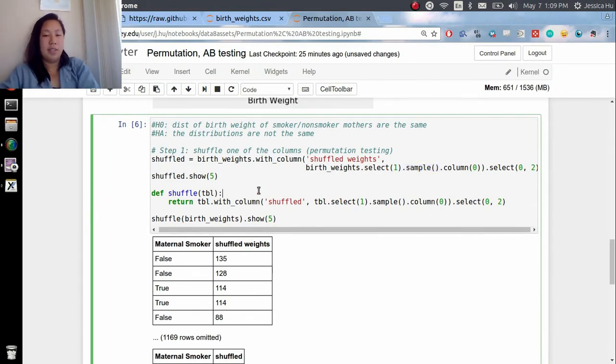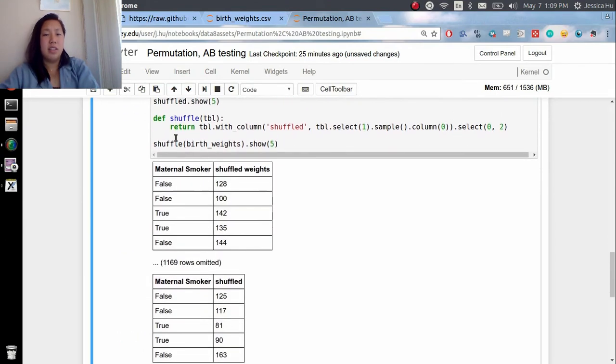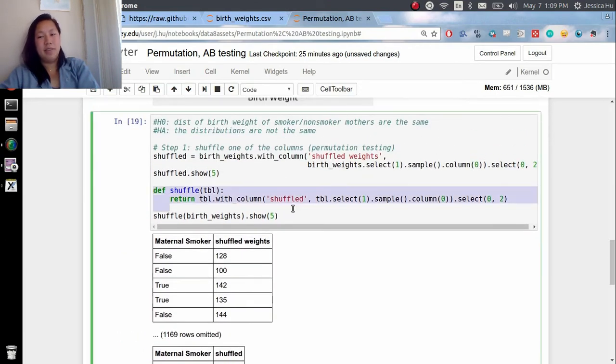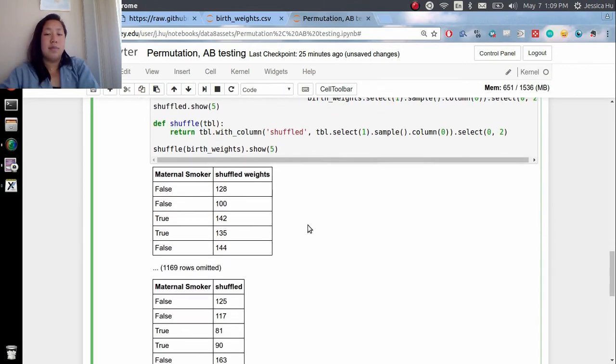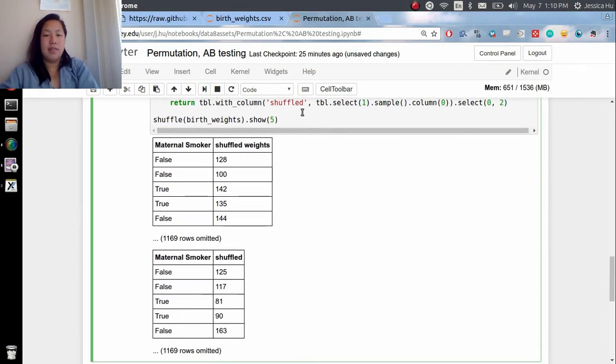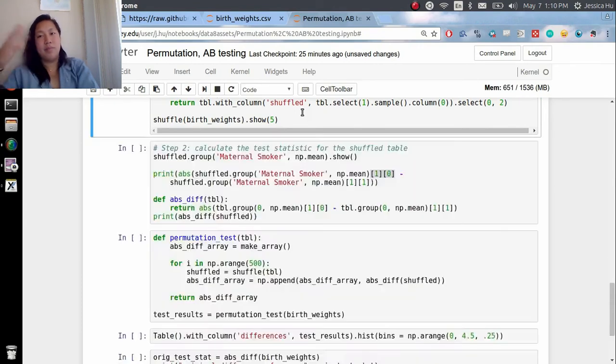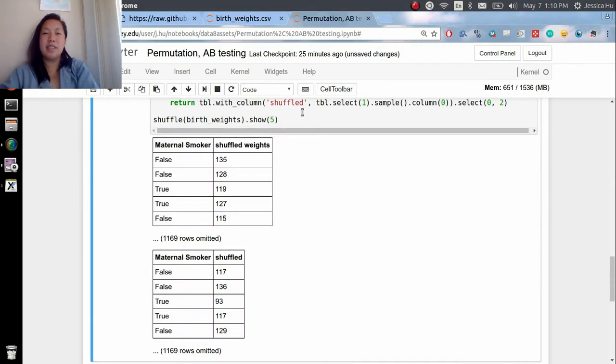So if I run this a few times, this table will be different every time. And then right under that, I defined a function that would shuffle it for us, because later I'm going to be putting it into a bigger function, so it'll be a lot easier to do that. So again, both of them shuffle every time I rerun the cell.